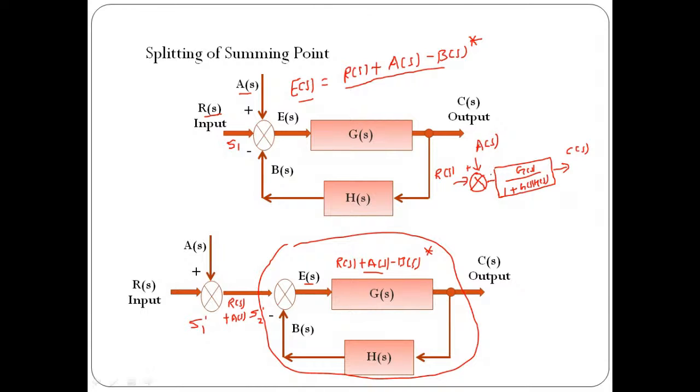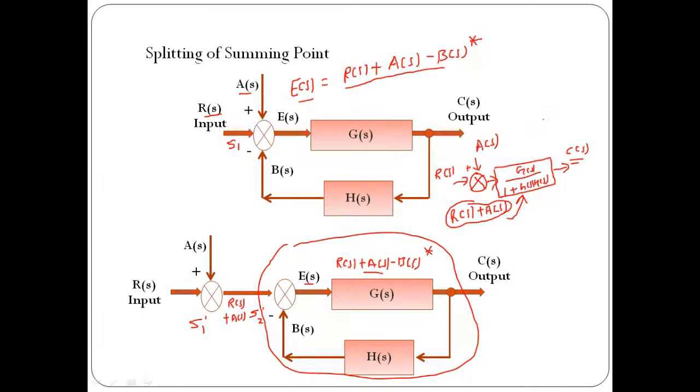And then the input to the block will be R of S plus A of S. This will be the main input that we have provided to this block, and it is going to generate C of S as an output.